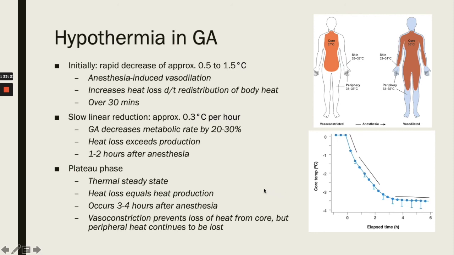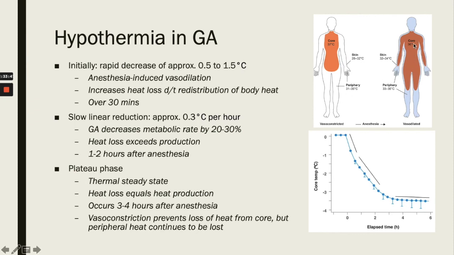And so when we hit that plateau phase, there's a thermal steady state, and the heat loss then equals heat production. So we're at just kind of like this homeostasis. We enter the steady state, and this occurs usually after about 3 to 4 hours of anesthesia. Now, vasoconstriction prevents loss of heat from the core, but peripheral heat continues to be lost.